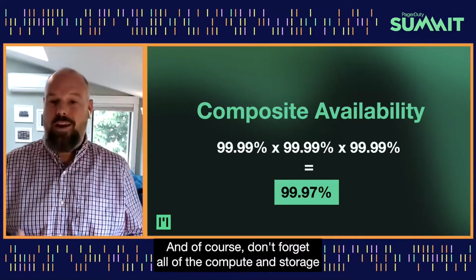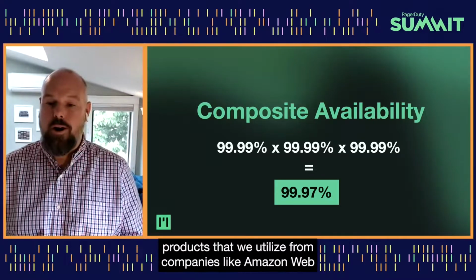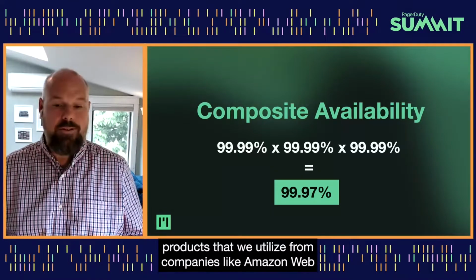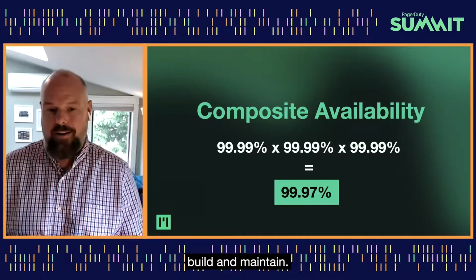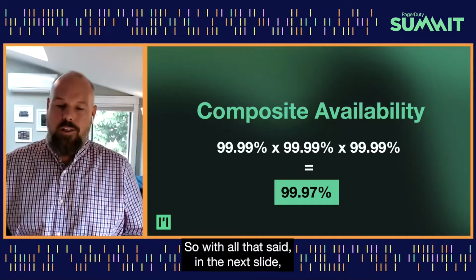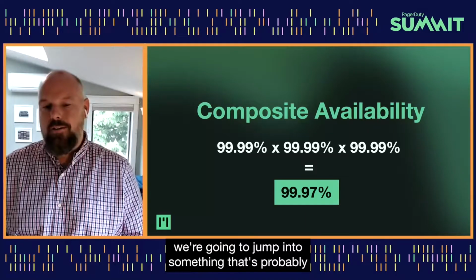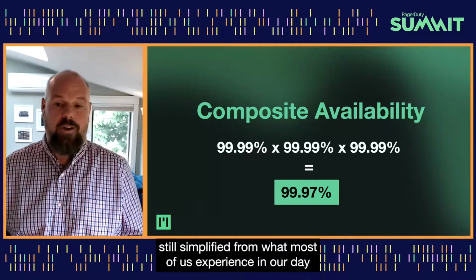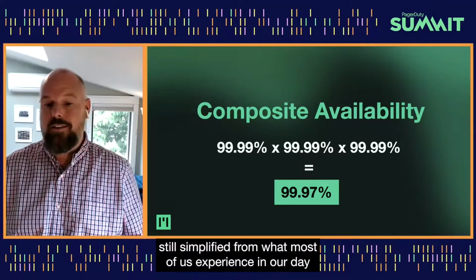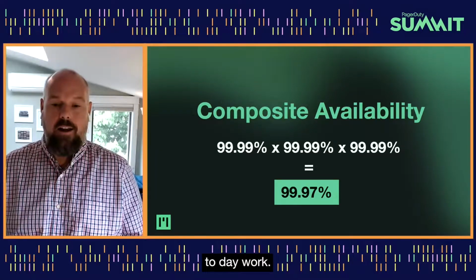And of course, don't forget all of the compute and storage products that we utilize from companies like Amazon Web Services in order to run the apps that we build and maintain. So with all that said, in the next slide, we're going to jump into something that's probably a little bit more realistic, but honestly still simplified from what most of us experience in our day-to-day work.